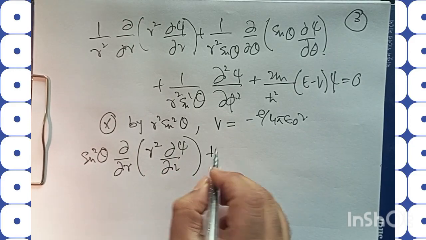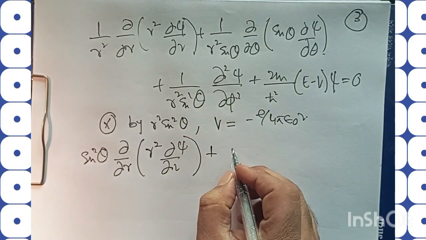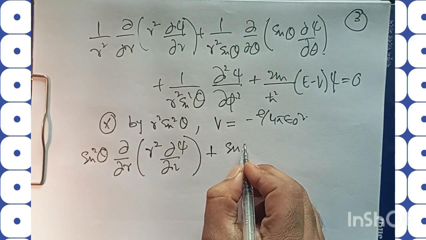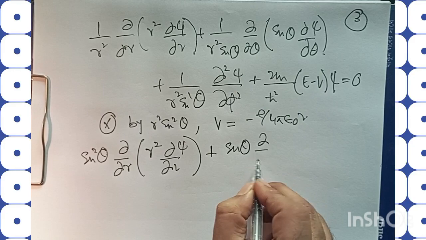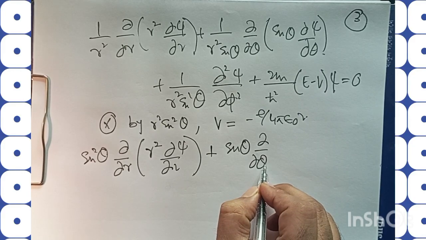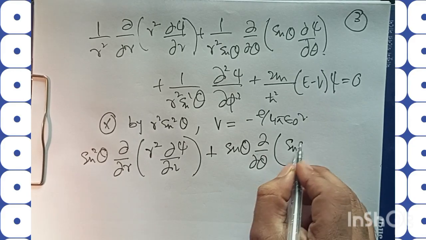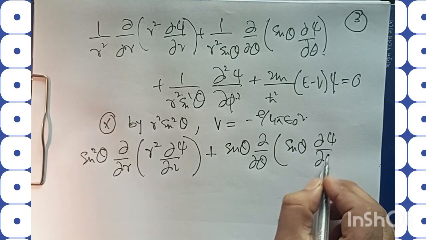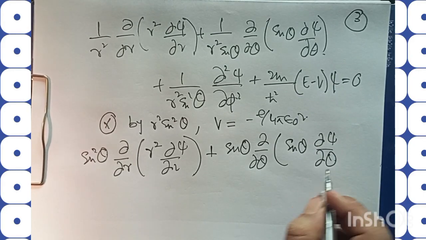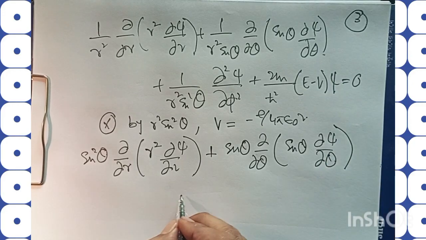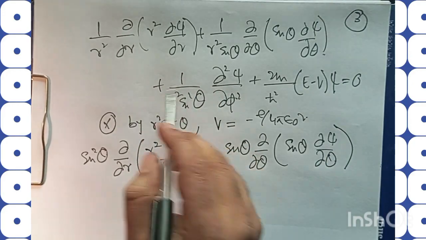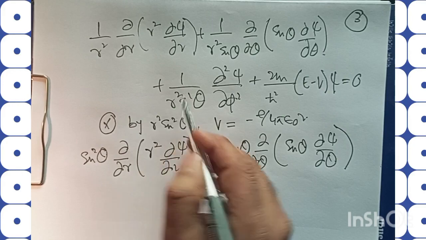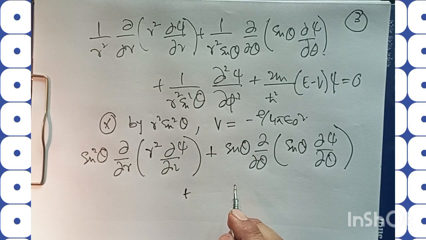Then we have 1 by r square sin theta, so here we will be left with sin theta dou by dou theta of sin theta dou psi by dou theta. And then r square sin square theta will go with r square sin square theta.